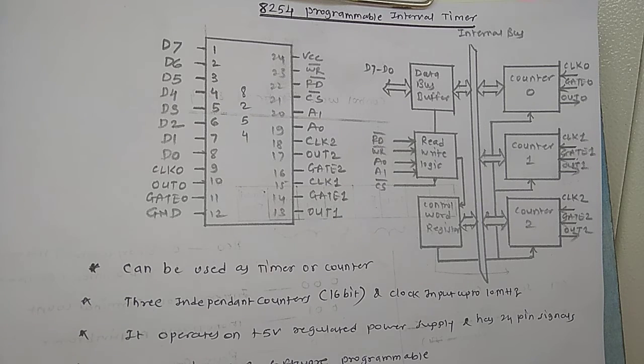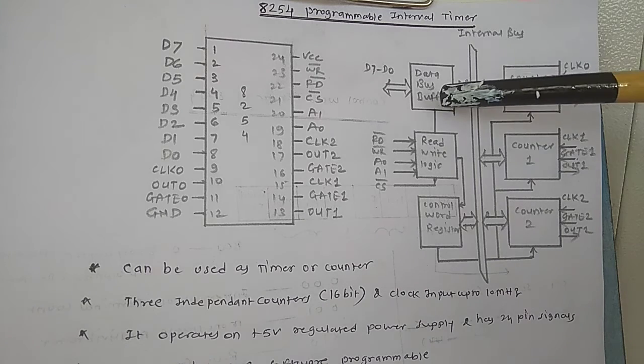So this is the basic function of gate, to enable or disable the count, and the output related to that particular count will be available on this out signal. And clock 0, clock 1 and clock 2 are clock inputs to these counters, counter 0, counter 1 and counter 2. This will be the reference input to these counters.